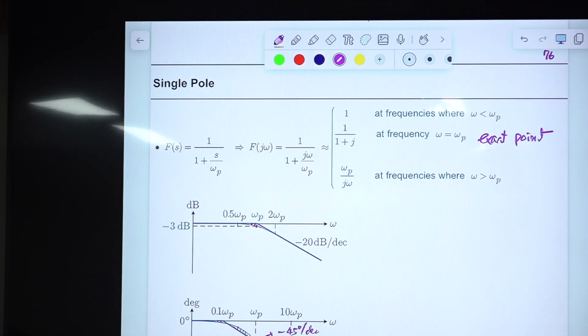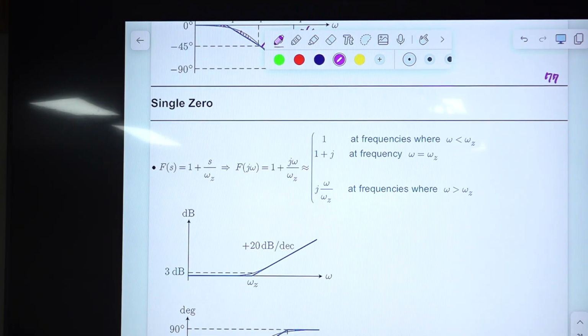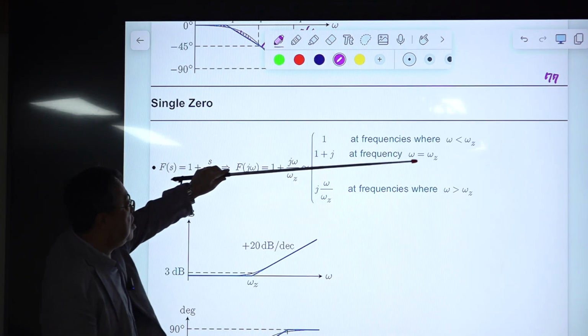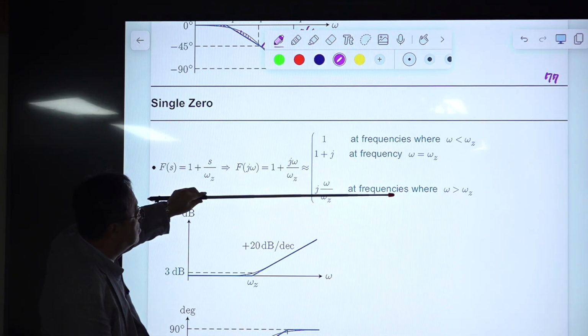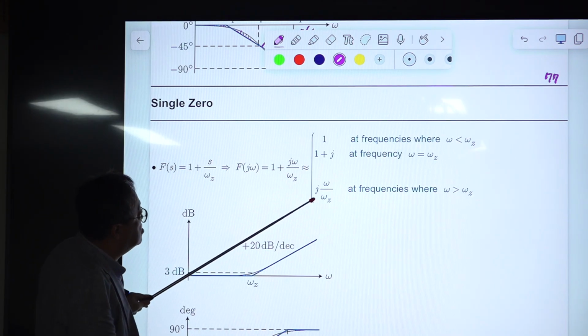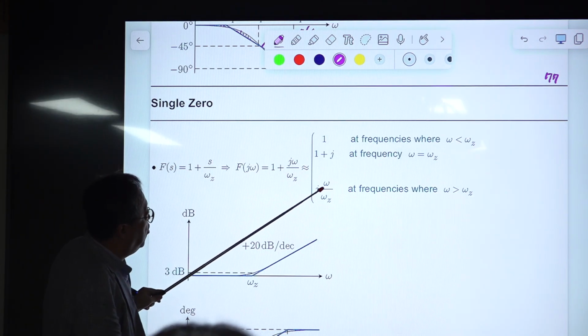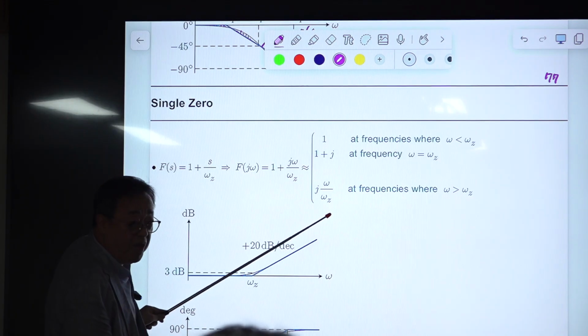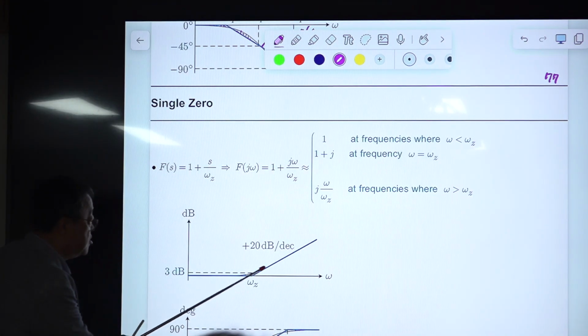Okay. Again, I said this is the 3 dB frequency, omega p. Corner frequency, breakover frequency, pole frequency. They mean the same thing. Okay. So single pole, and the single zero is opposite to the pole. So everything remains the same, but this is the exact value at high frequencies. This one remains, and this is what? This is differentiation passing through this omega z frequency.